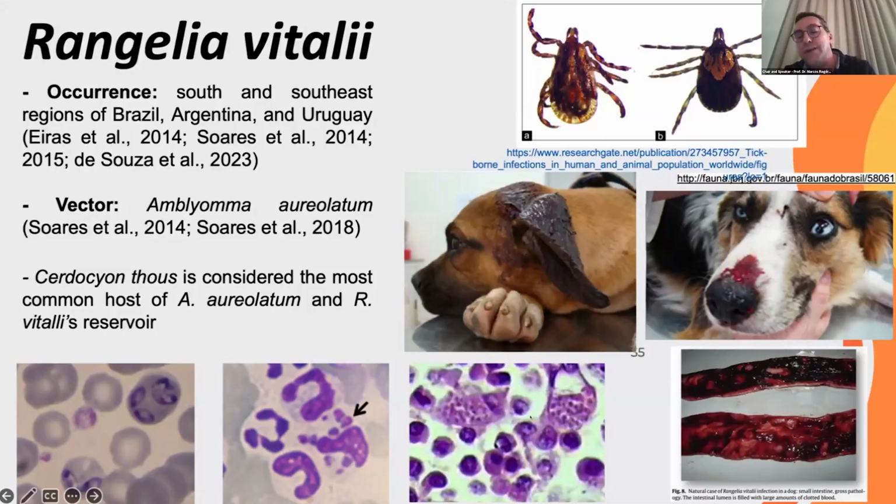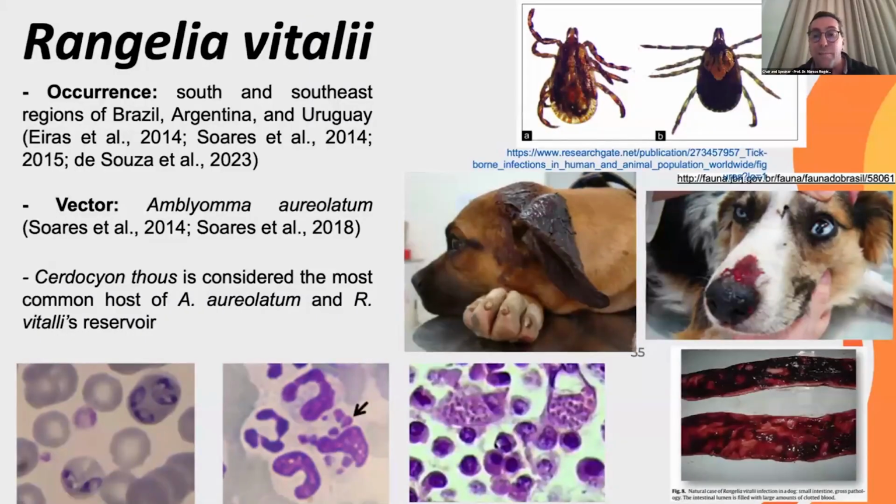And different from Babesia vogeli, which is less pathogenic, Rangelia vitalii is very aggressive to dogs, and it can cause a very severe disease with several hemorrhages in guts, eyes, and several parts of the body.